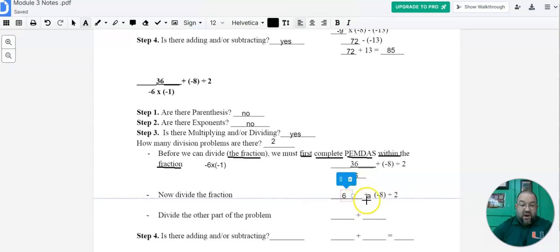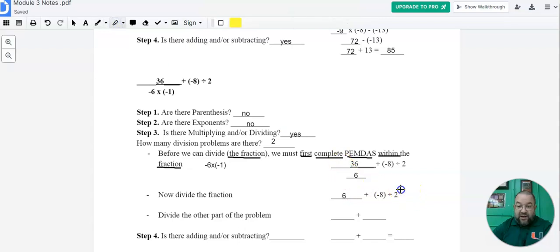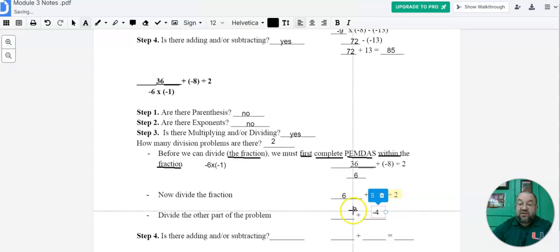You can go ahead and work the rest of the problem using the PEMDAS rule. Now, you can't just say 6 plus -8, because we still have a division here. Where's that division? That division is right here. We've got -8 divided by 2. 8 divided by 2 is 4, but we have a negative there, so we have negative 4.